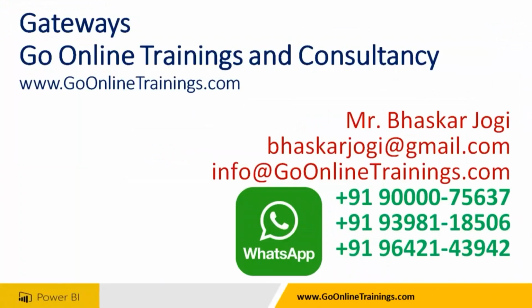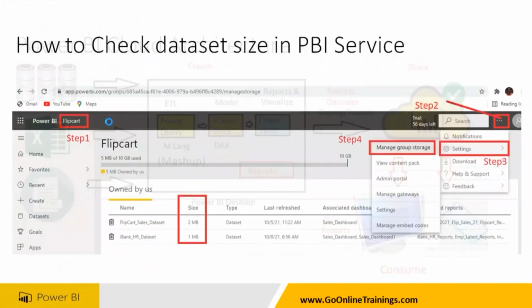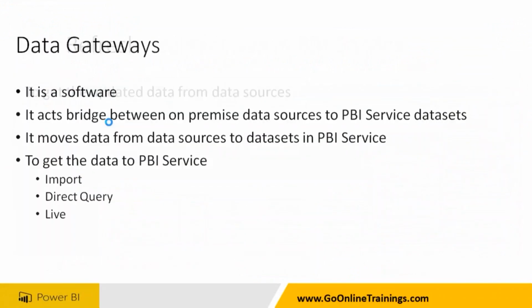And remember, if the data is available on a local computer, you need not have the gateway. If it is available in the cloud, then we need not be worried. Okay? So that is the point you need to understand always.